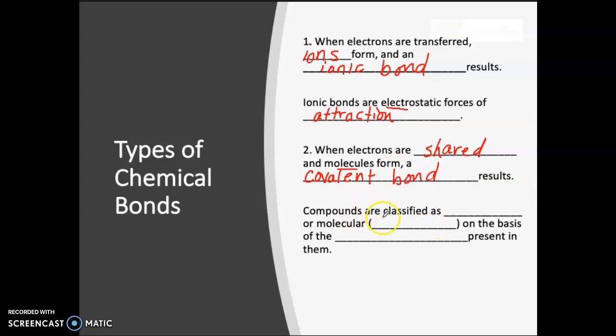Now, compounds are usually classified as ionic or molecular, or another word for that is covalent compounds. And they're completely classified on the basis of the type of bonds present.